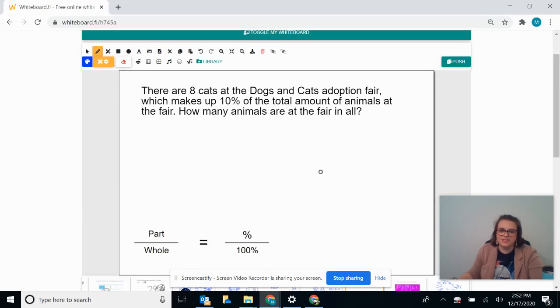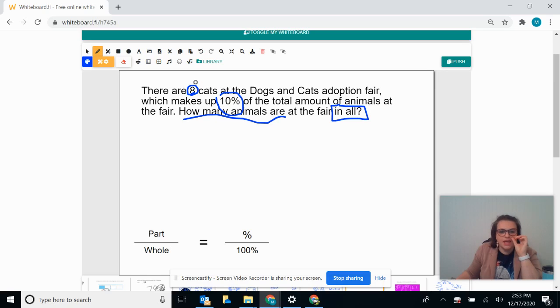All right, last question. There are 8 cats at the Dogs and Cats Adoption Fair, which makes up 10% of the total amount of animals at the fair. How many animals are there at the fair in all? Okay, this tells us that there are 8 cats. Maybe that's the whole, if there's 8 cats in all.